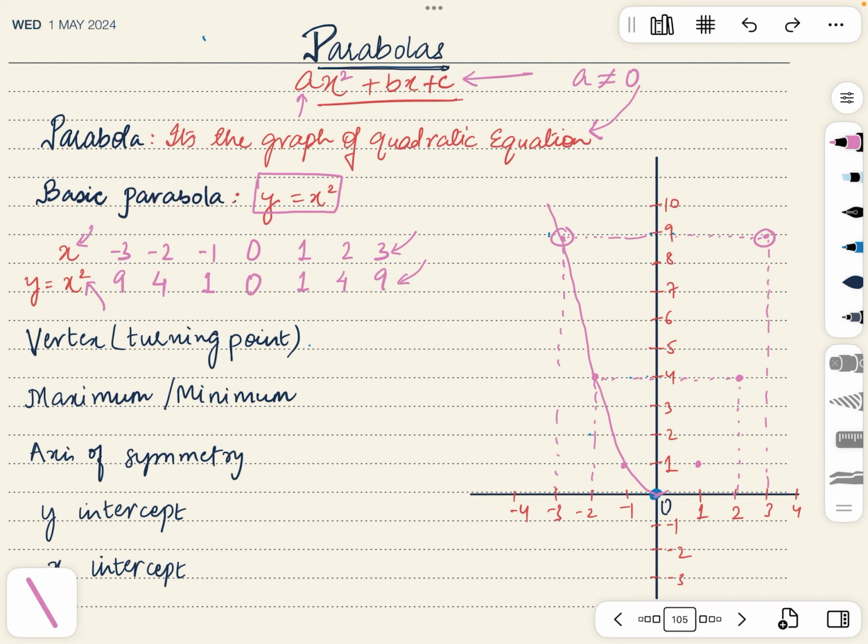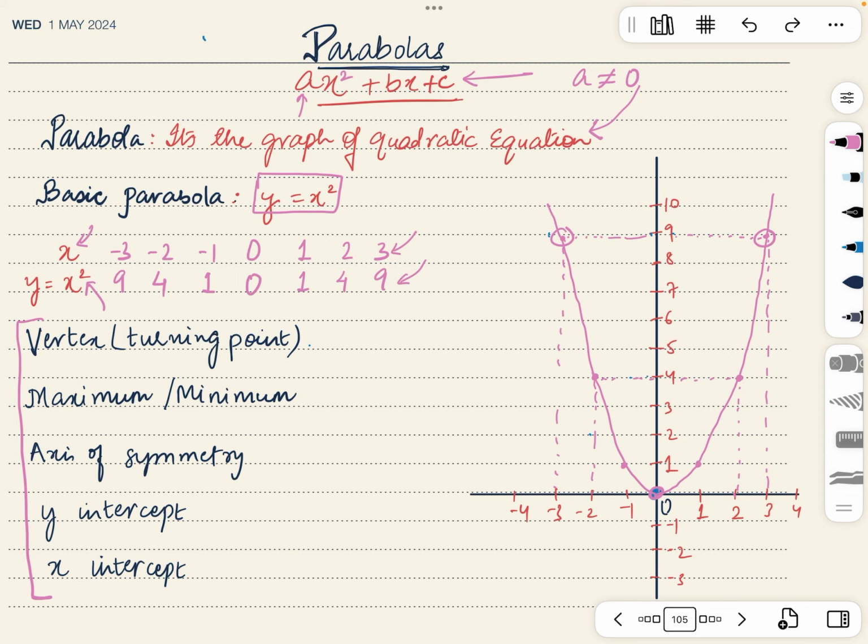This graph represents the shape of a parabola. This is an upright parabola which is open from the top, and the minima lies at the vertex here, because any upright parabola would have a minima and any inverted parabola would have a maxima. These are the features of the parabola, and we are going to find out what features we have.